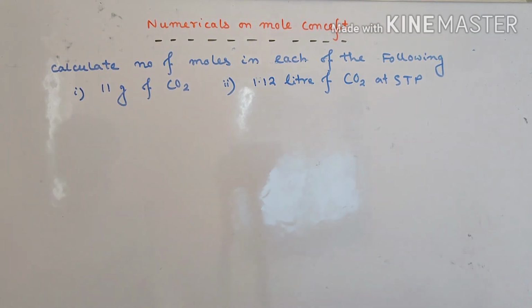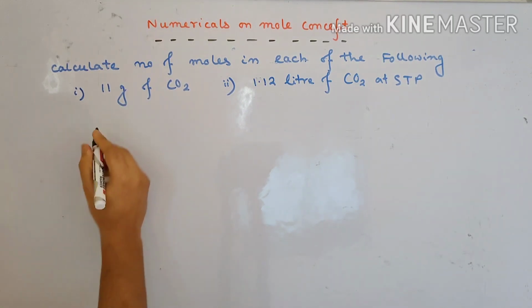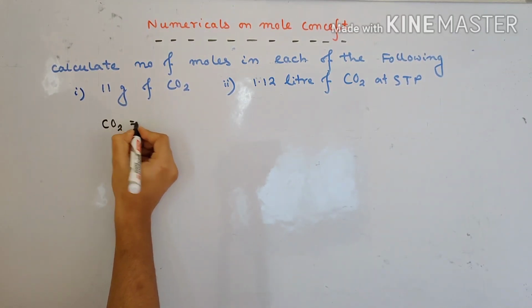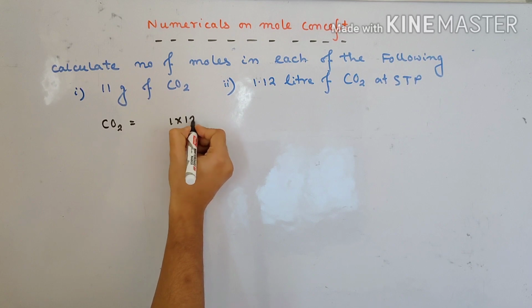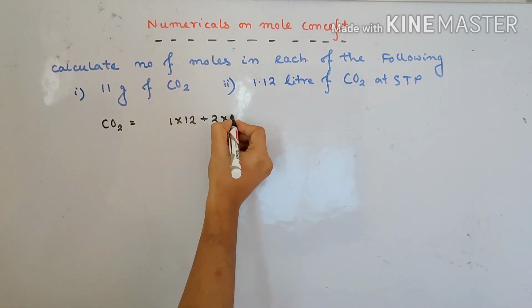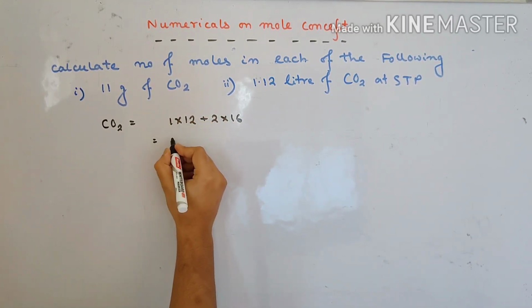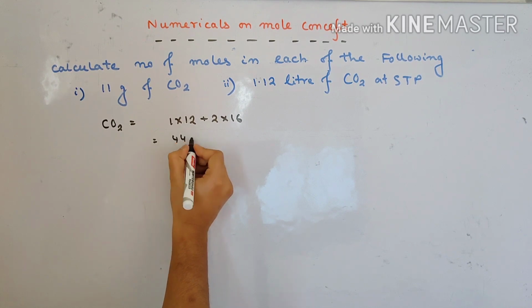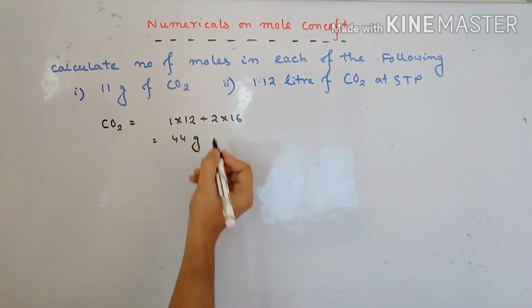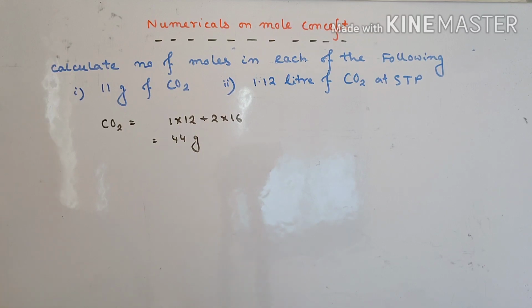So first thing first, carbon dioxide, molecular mass 1 into 12 plus 2 into 16. So it should be 44 gram, the molecular mass.